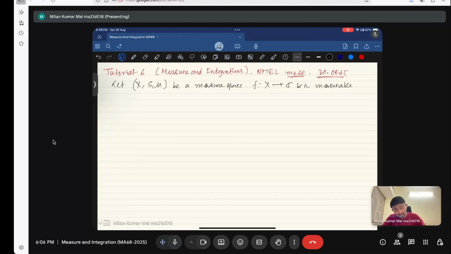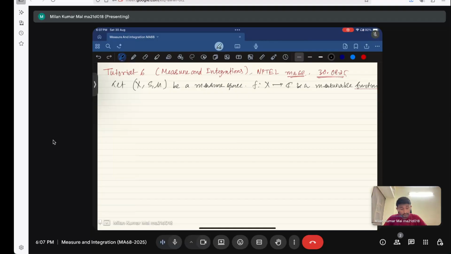That means the inverse image of every open set is inside this sigma algebra. So f is called a measurable function if the inverse image of every open set is contained in this sigma algebra.